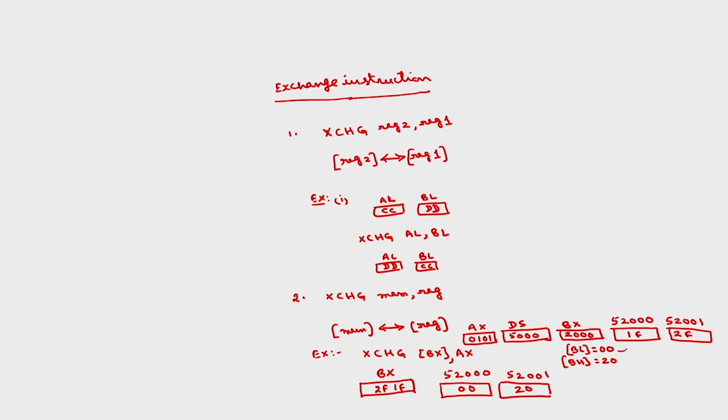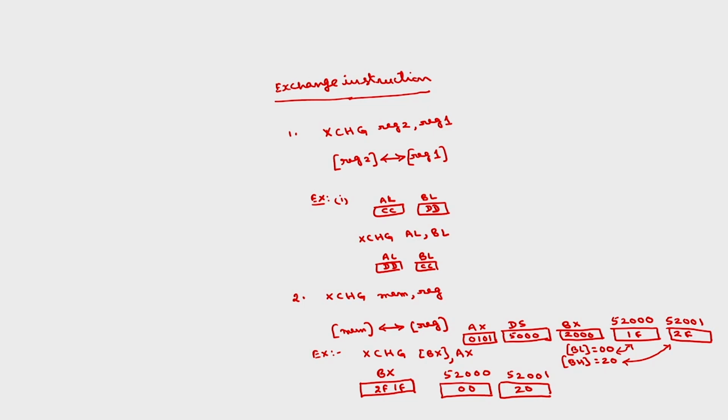So BL will be exchanged with this and BH will be exchanged with this. Similarly, we can have different memory representations. This can be base addressing mode or relative addressing mode.